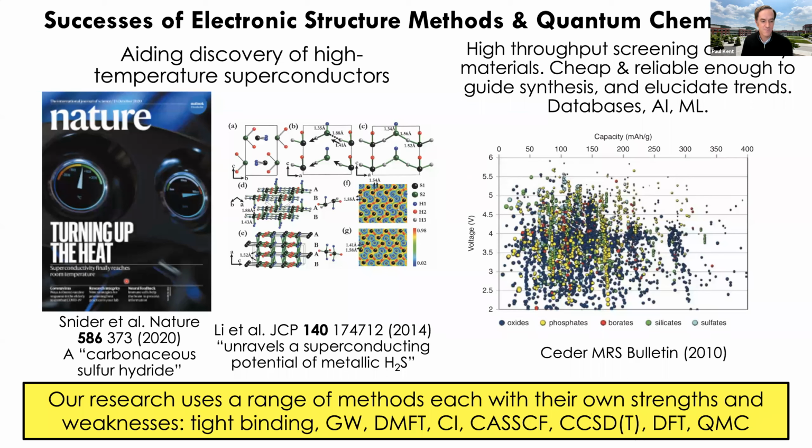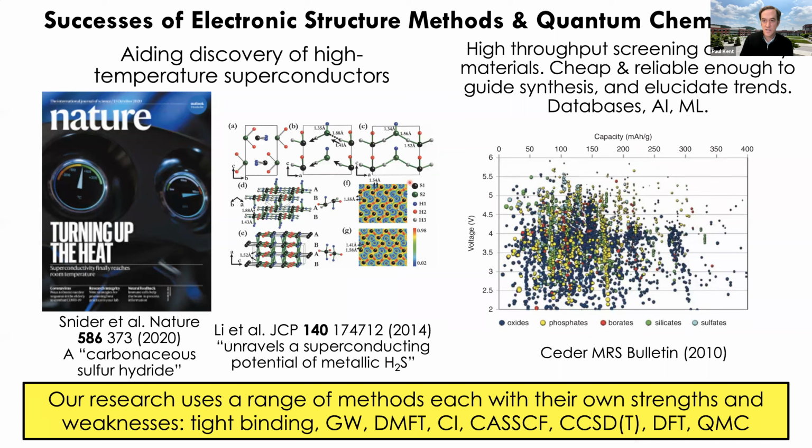This is a high pressure experiment. And this was in the hydrogen sulfide system. And of course, that work traces back to high throughput calculations looking at the phase diagram in the hydrogen sulfide system. So if other groups can reproduce these results, that will be a very big success.